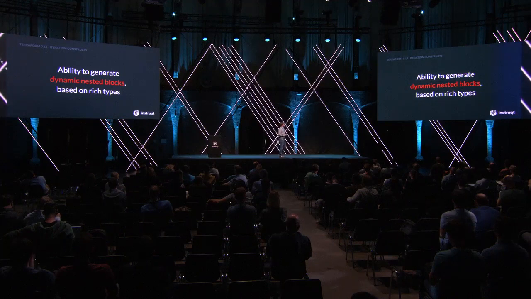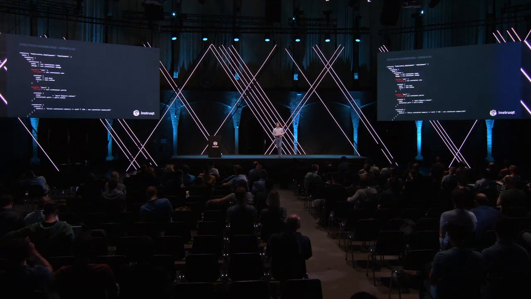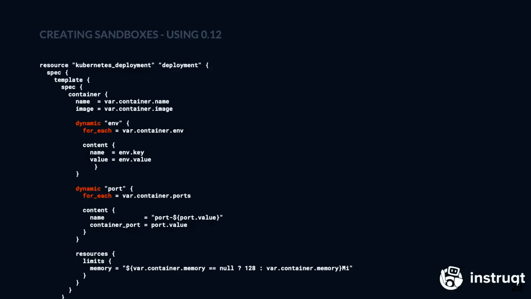The second one is the ability to generate dynamic nested blocks based on the very type definition that you just saw. So how does that look like? So in this case, I've upgraded my replication controller to a deployment, but I've also added some dynamic blocks based on the container environment.